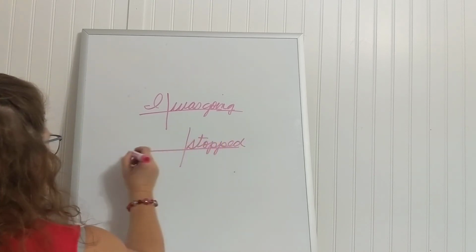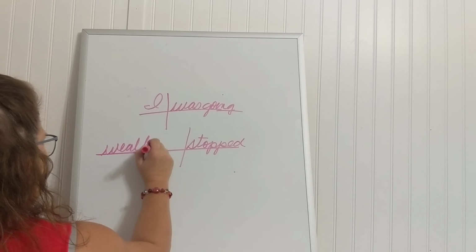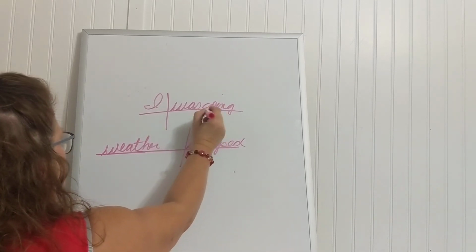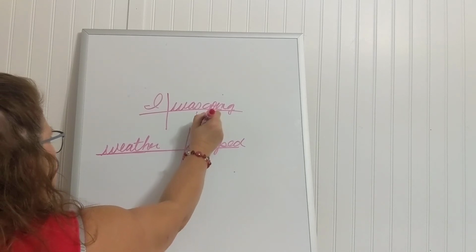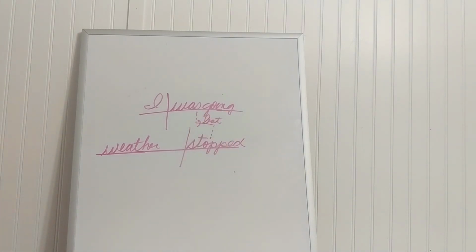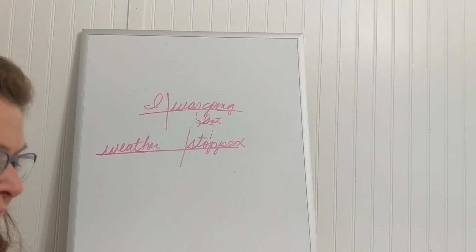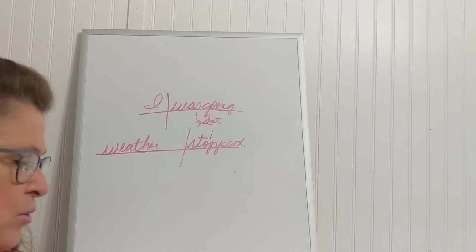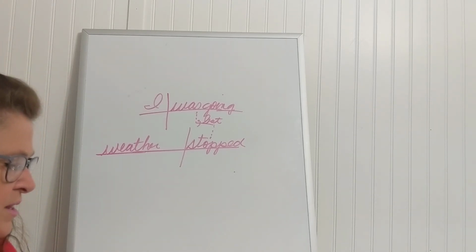Who or what stopped? Weather. We make our seat. And comma but goes on the seat. And then number 10, Drew and his cousin enjoyed that play. Enjoyed is our verb. Who or what enjoyed? Drew and cousin, and that is a simple sentence.